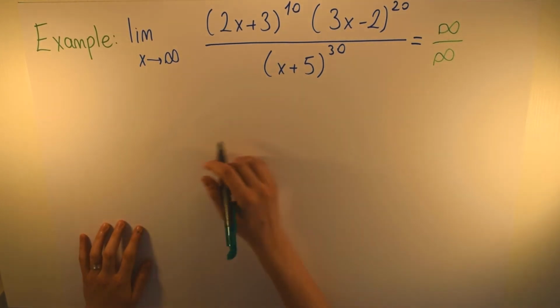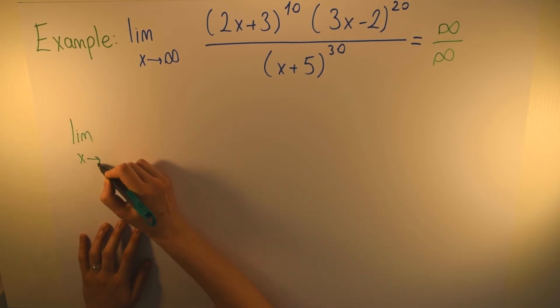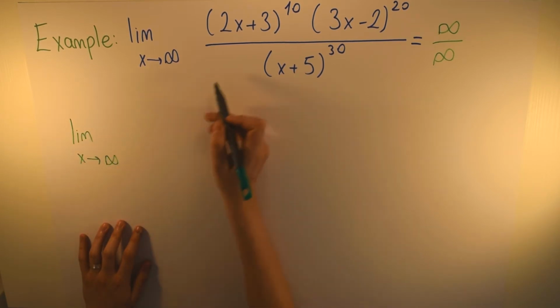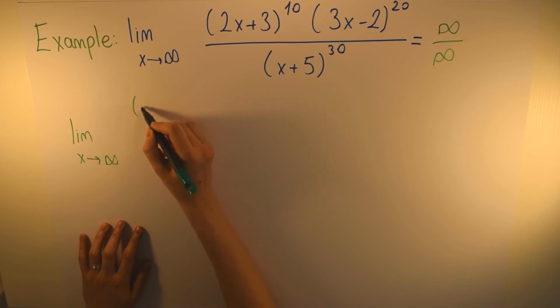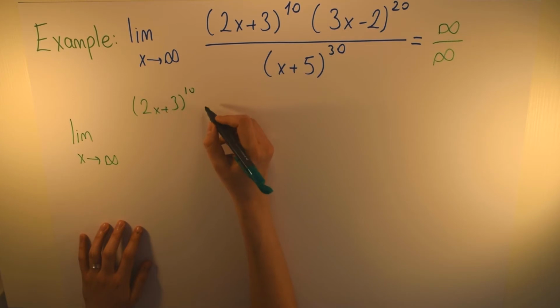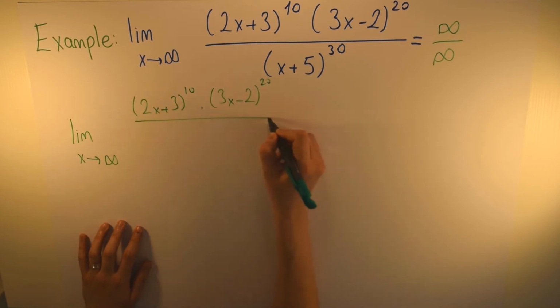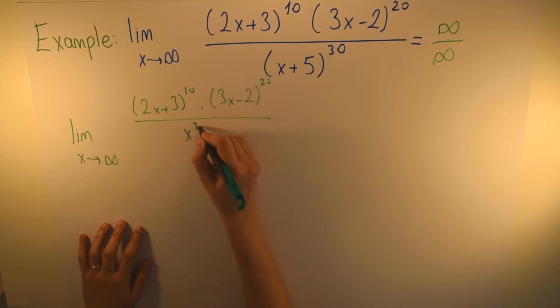So let's do that and see what happens. The limit as x approaches infinity of (2x plus 3) to the power of 10 times (3x minus 2) to the power of 20 over x to the power of 30.